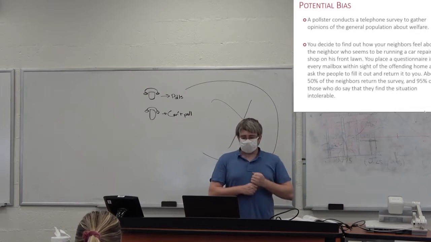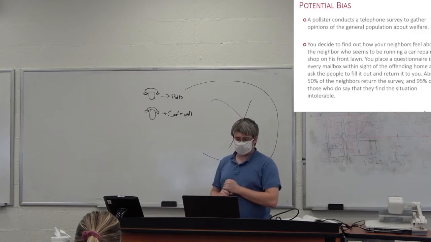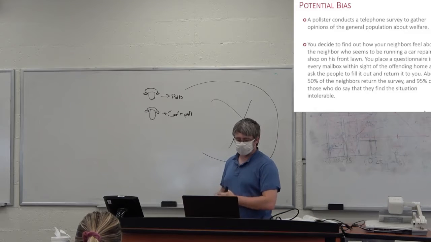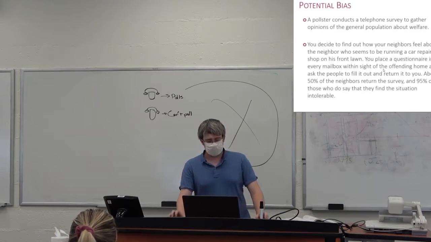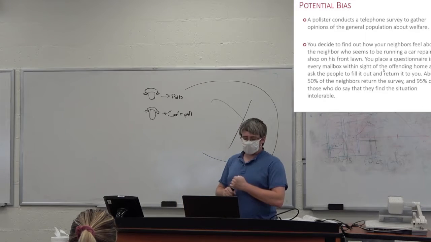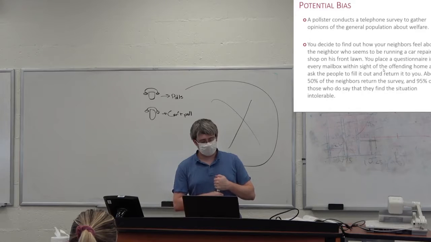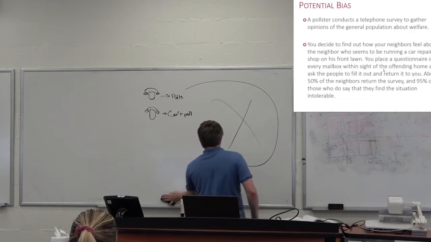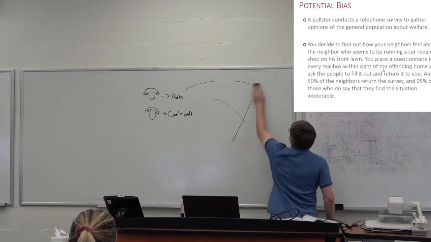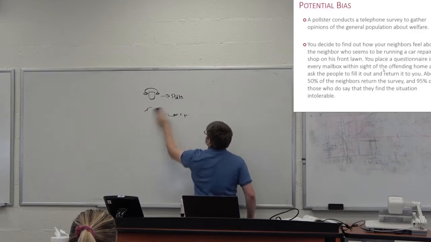And then lastly, you decide to find out how your neighbors feel about the neighbor who seems to be running a car repair shop on the front lawn, and you place a questionnaire in every mailbox within sight of the offending home, and you ask people to fill it out and return it to you. About 50% return the survey, and 95% say that they find it intolerable. So I'm just going to draw a little situation on the board so that this makes more sense.